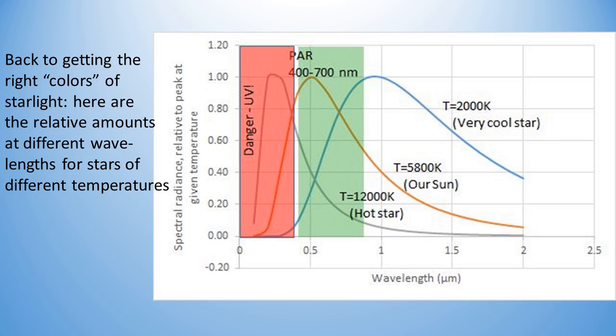I also did a plot for a very cool star, 2,000 Kelvin, the famous close-by planet, Proxima Centauri b. Well, that star is at 3,000 Kelvin, roughly. So a lot of its radiation is in the infrared, long wavelengths, and then when you get closer in at shorter wavelengths, it falls off pretty quickly.